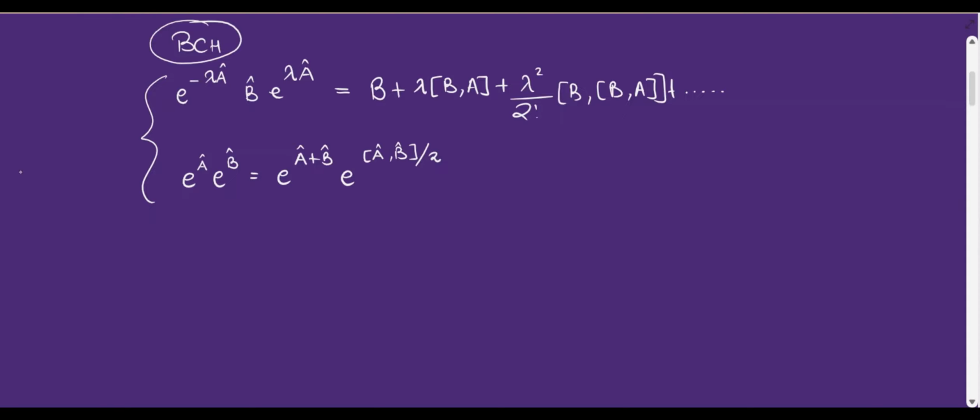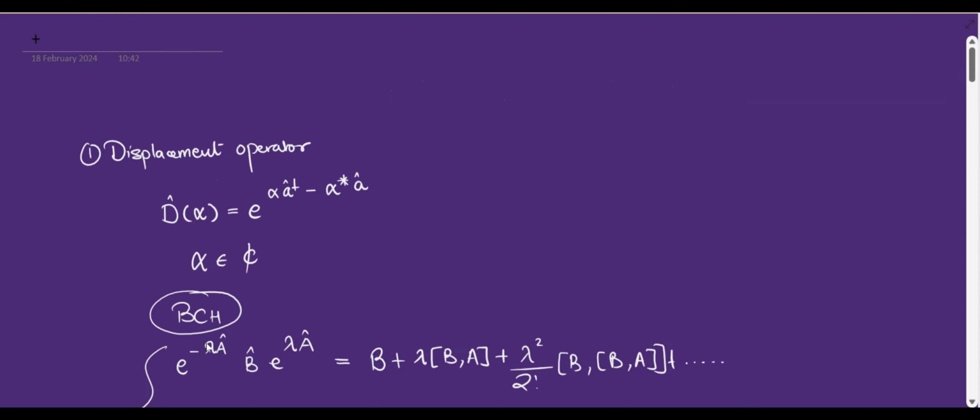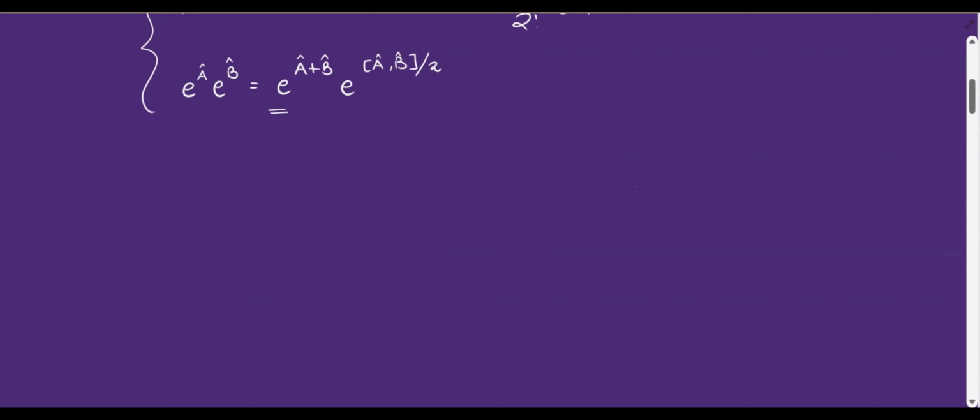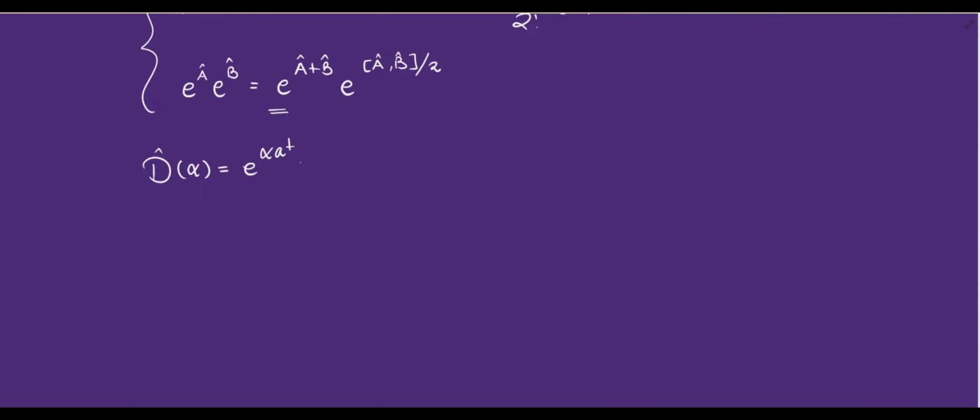So keep in mind. Using the second formula, I can also write the displacement operator as e raised to alpha a dagger, e raised to minus alpha star a, e raised to minus mod alpha squared by 2 times the commutator of a dagger and a.